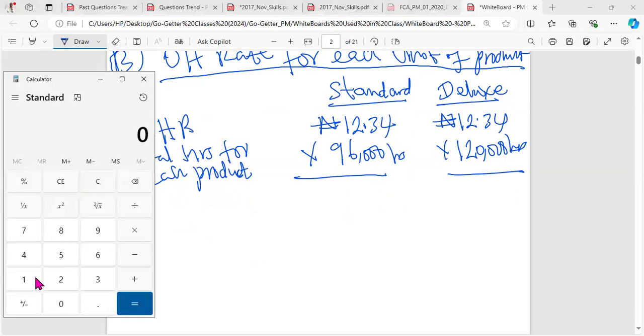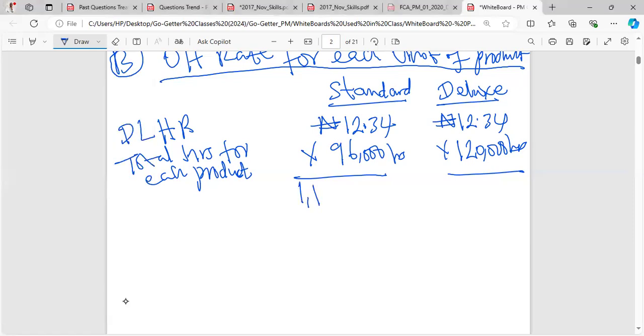We have 12.34 multiplied by 96,000, and we have 1,184,640. Now that is in Naira.